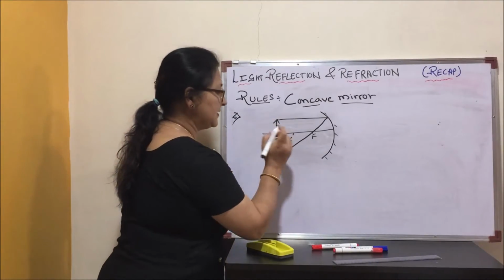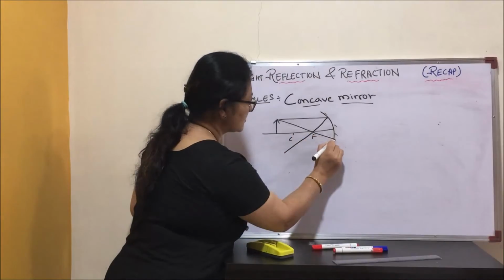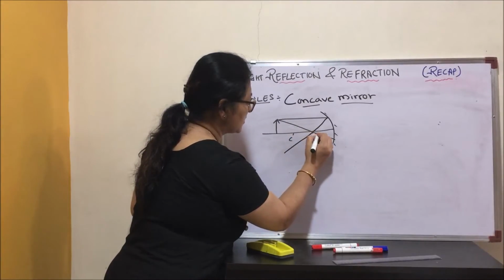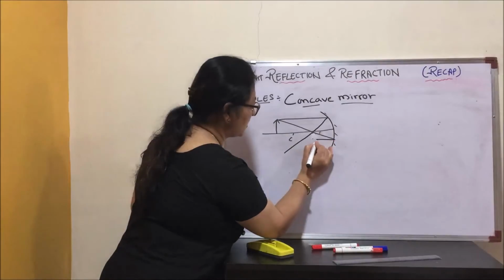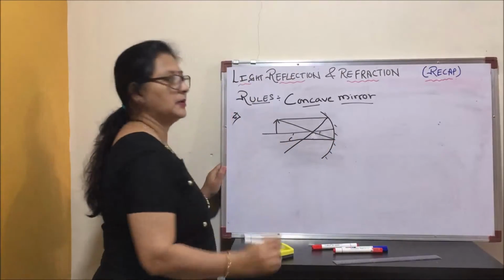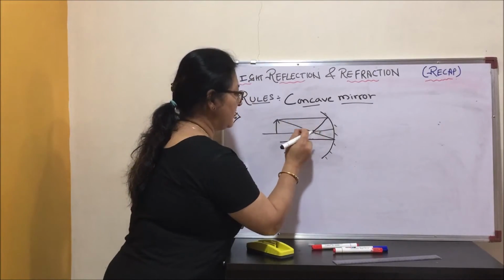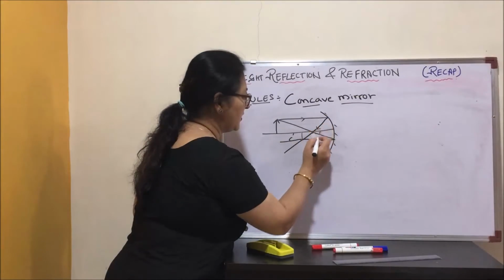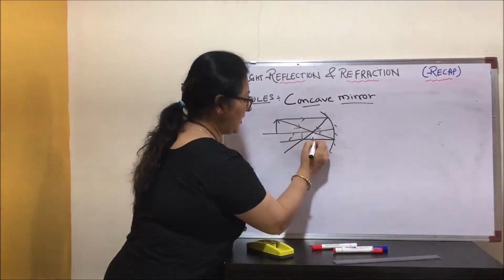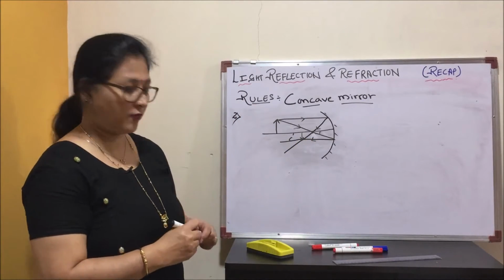Then the second ray will pass through the focus, and after reflection, it will be parallel to the principal axis. Wherever these refracted rays meet, the image is formed.